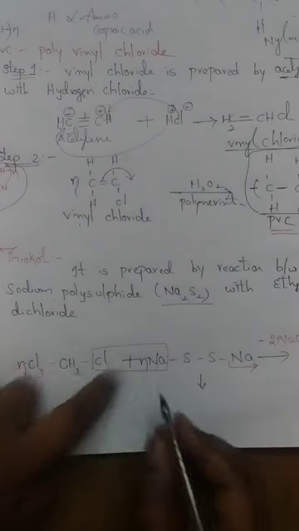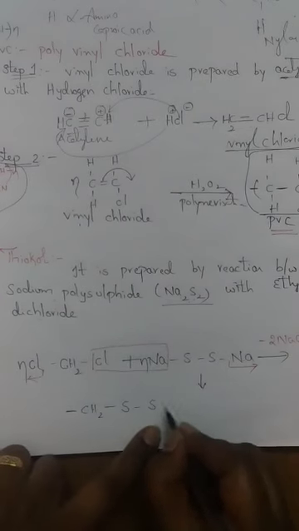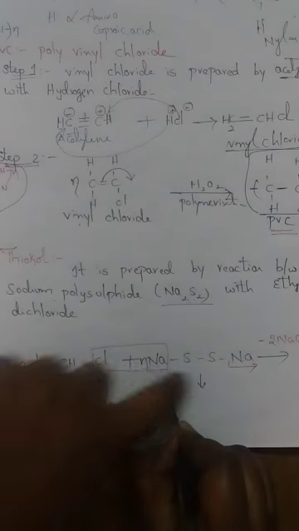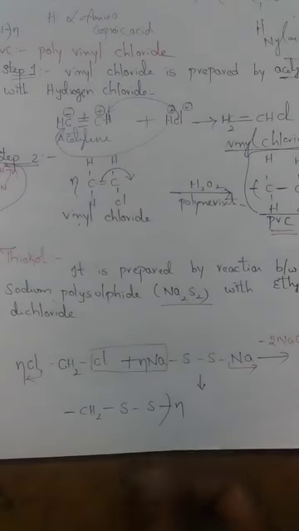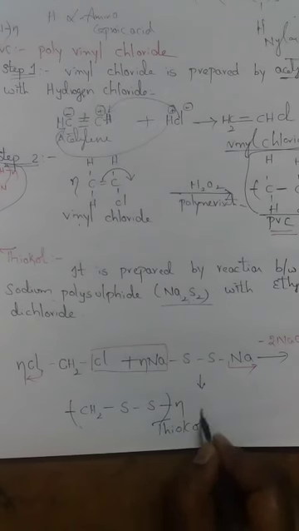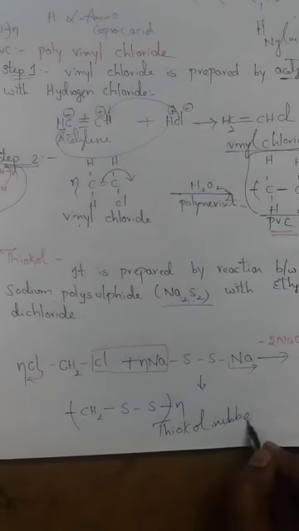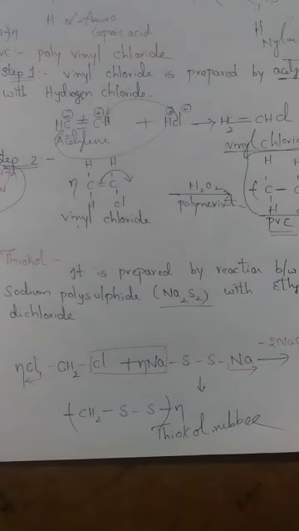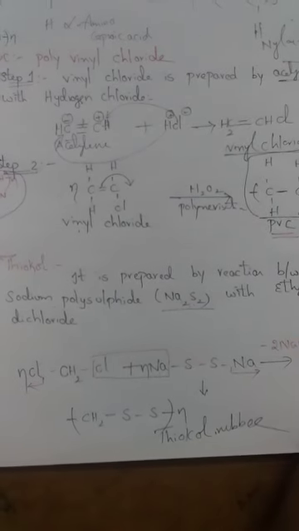This can be eliminated. Bond S, and n shifted from first to last. This is called thiocol. So these are some of the polymers which can be prepared, thiocol rubber.